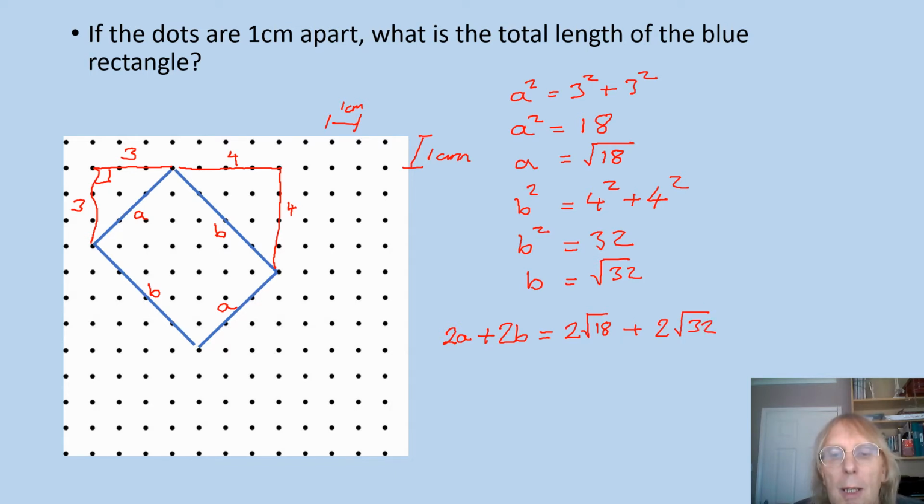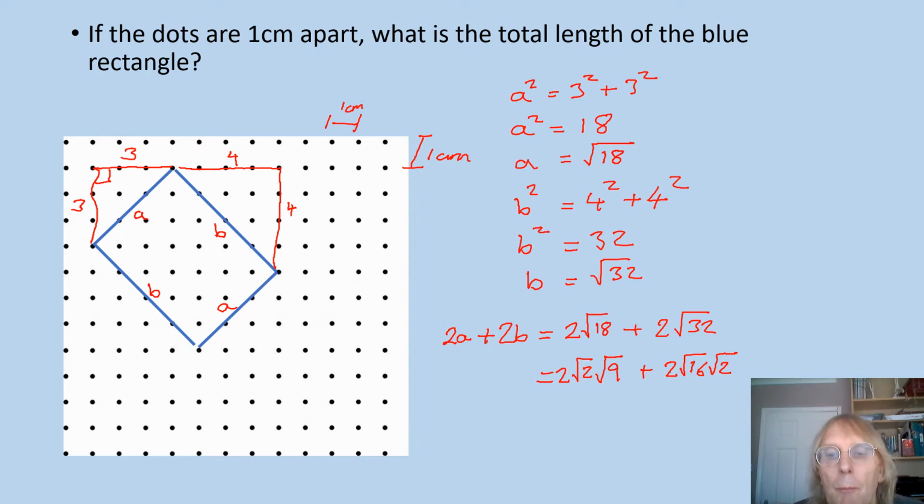Well, here root 18 is root 2 times root 9, so that's going to be 2 times root 2 times root 9 plus, on this one we can have 2 times root 16 root 2. 16 times 2 is 32.